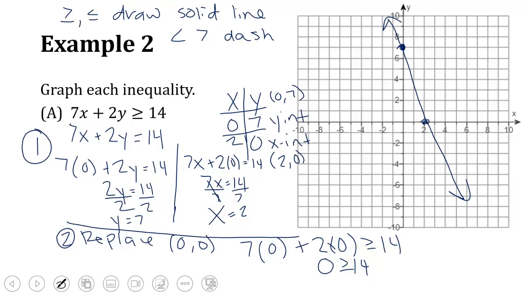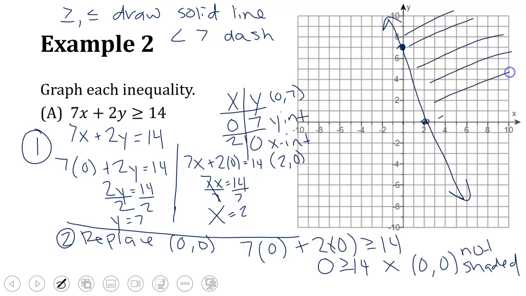The mouth is opening to the 0, so is it bigger than 14? No, it is not. So that means that 0, 0 cannot be shaded. It is not true. It is not in our solution. So the opposite side of 0, 0, well, 0, 0 is here in the middle. So I don't want that shaded because that wasn't true. So now I need to shade the right side.